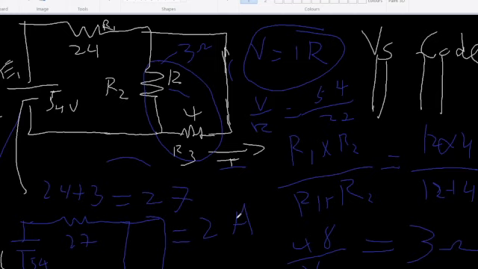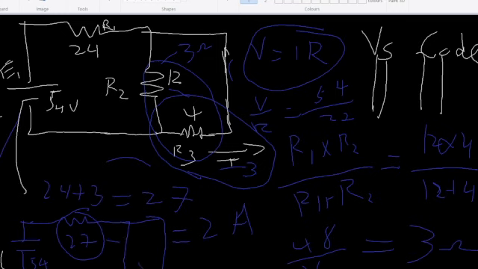Now the question asks us to find I3. That's the current flowing through this 4 ohms resistor. To find that, we have to divide this 2 amperes that we found for the 27 back into current for 12, then back into current for 4.